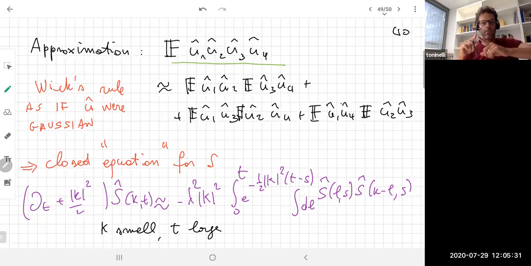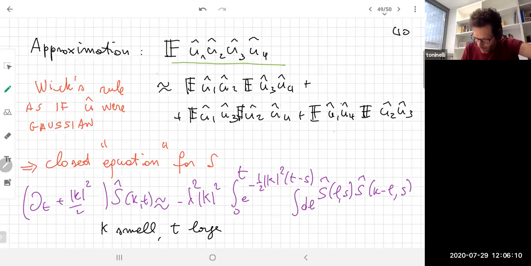If you have an expectation of a product of many Gaussian variables, an even number of them, otherwise it's 0, you can write that as a sum over all the pairings of these 2n variables of the products of the corresponding covariances. So if you have an expectation of U1, U2, U3, U4, you write it as expectation of U1, U2 times expectation of U3, U4, plus the same thing with 1, 3 and 2, 4, and 1, 4 and 2, 3. If you have 4 of them, you have just four possibilities. If I had many, I would have many factorial possibilities.